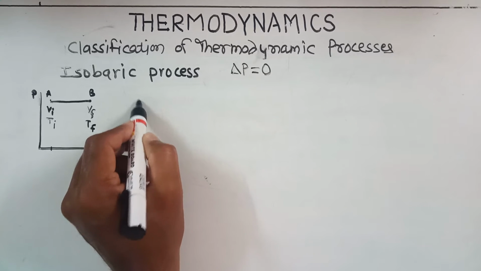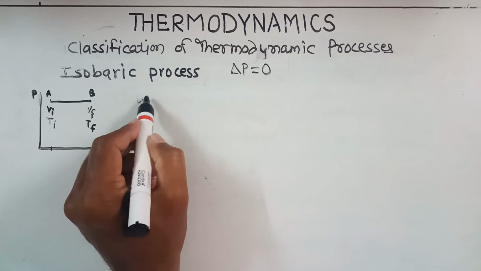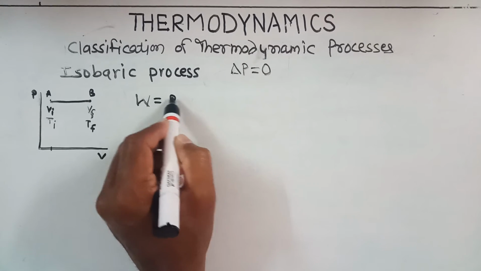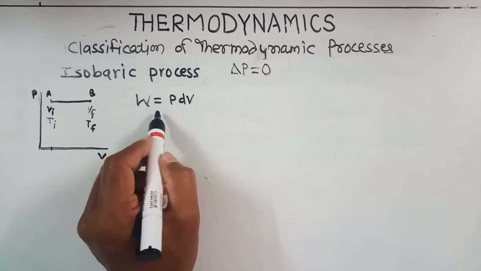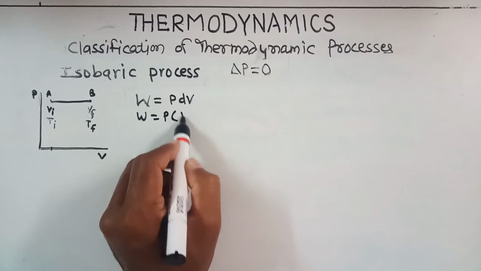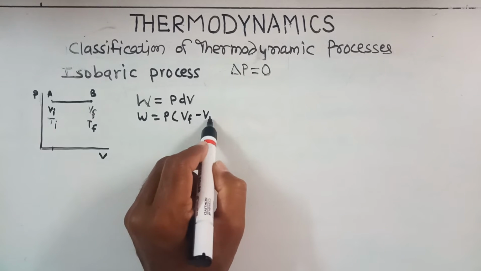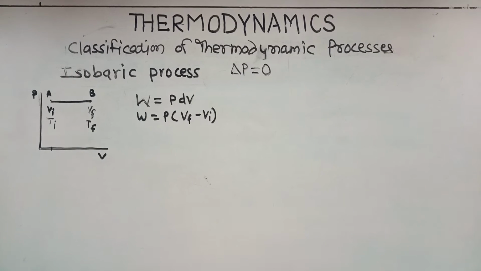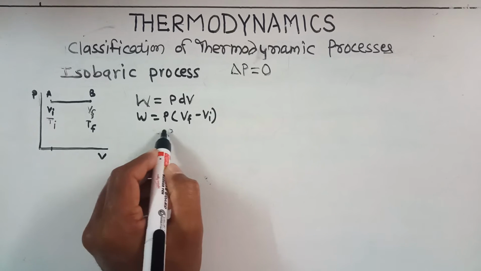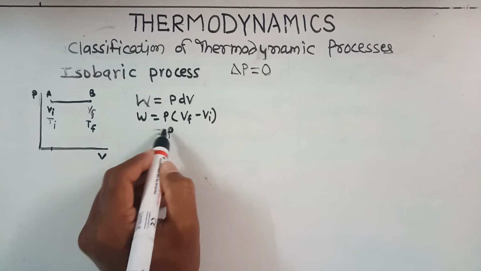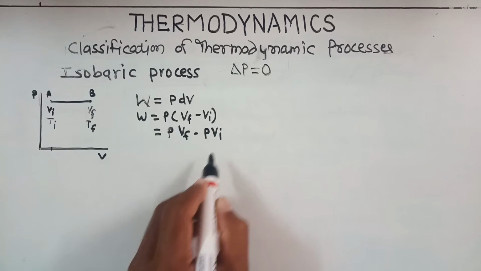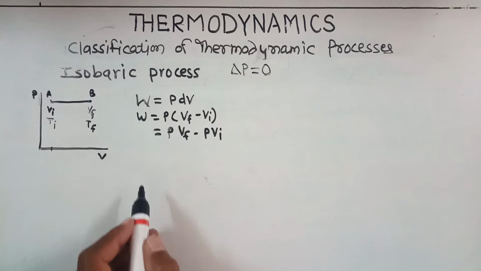The work done W in the expansion of gas is given by W is equal to P into dV, where dV is the change in volume. The volume changes from its initial volume Vi to its final volume Vf. So the work done is equal to P into Vf minus P into Vi. This is the work done.